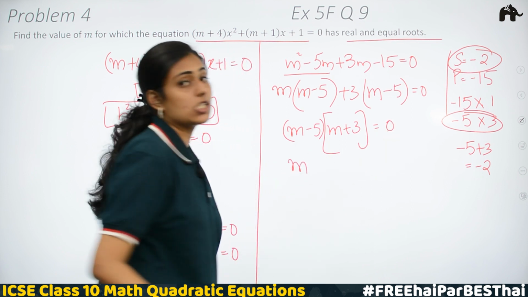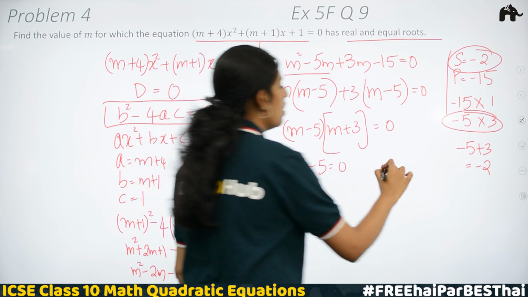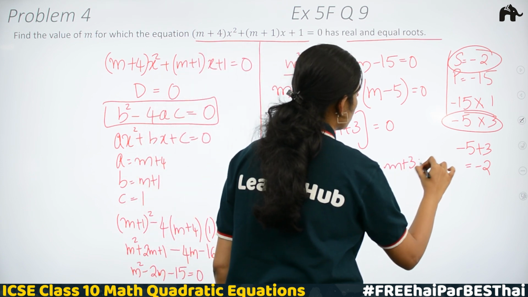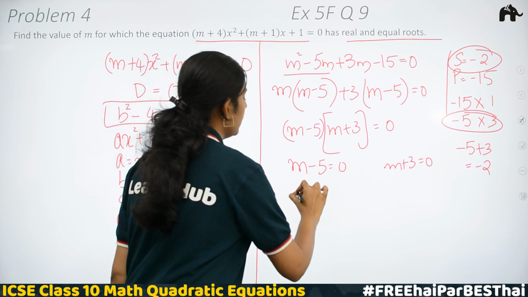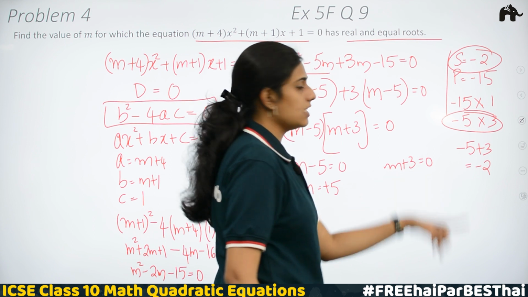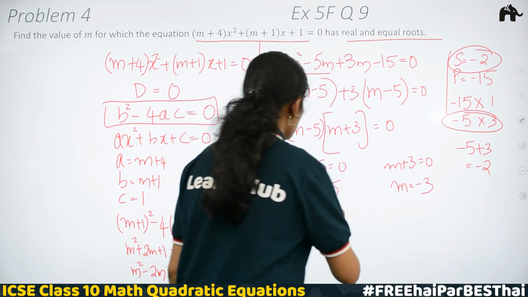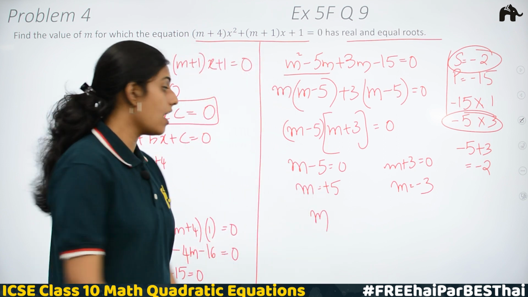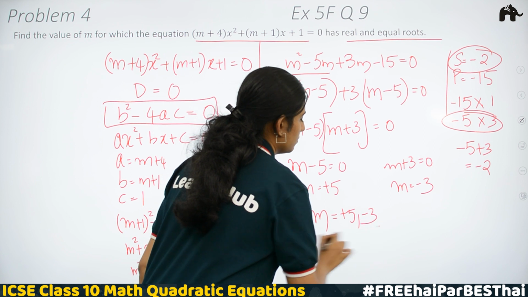Which means using the zero product rule, either m − 5 is equal to 0 or m + 3 is equal to 0. If m − 5 = 0, then m = 5. If m + 3 = 0, then m = −3. The two possible values of m are m = 5 or −3.